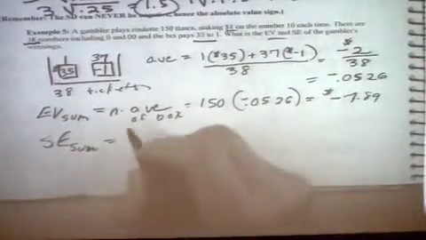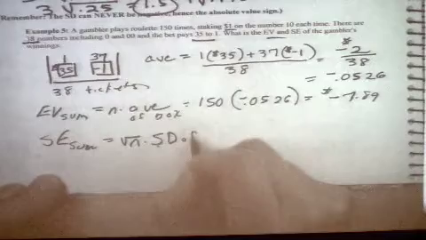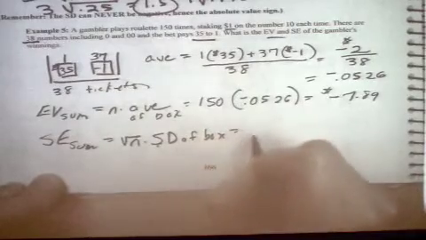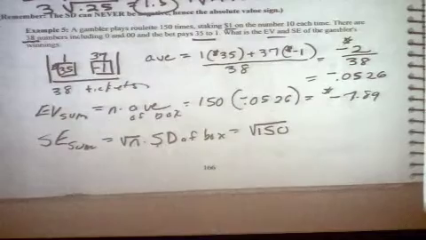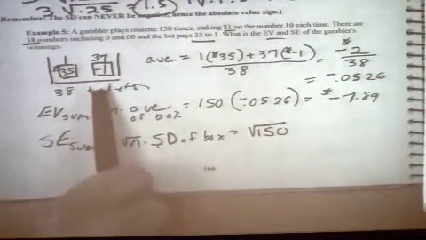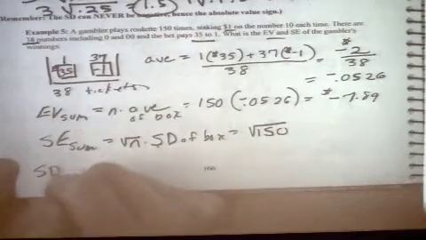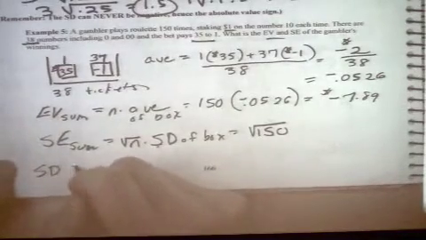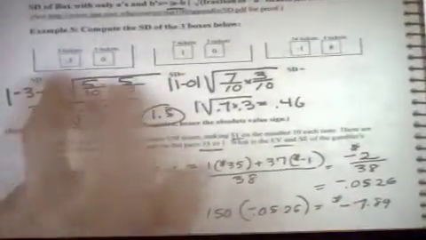Now, standard error of the sum. Standard error of the sum is that square root law, square root of n times standard deviation of the box. So, square root of 150 times the standard deviation of the box. How do we do that? Well, are there just two types of tickets? Yes. So we use the standard deviation of a box with just two types of tickets. Remember, you take the absolute value of the difference of the tickets.